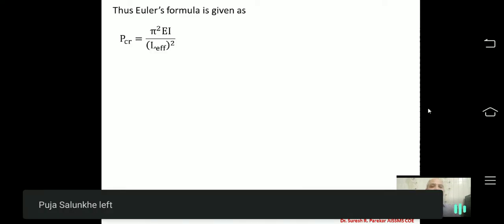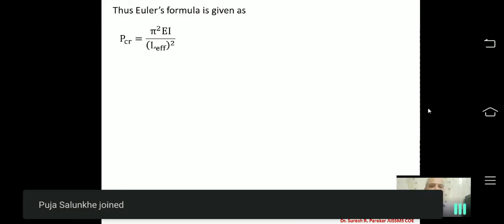So now we have Euler's formula, that is, PCR, the critical load, equals pi square EI upon L effective square. Here we know our value of L is L in this case, and therefore we have pi square EI upon L effective square.